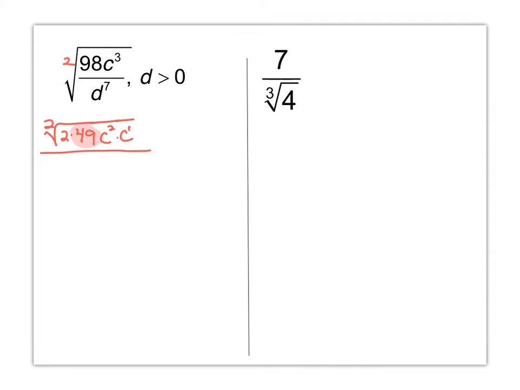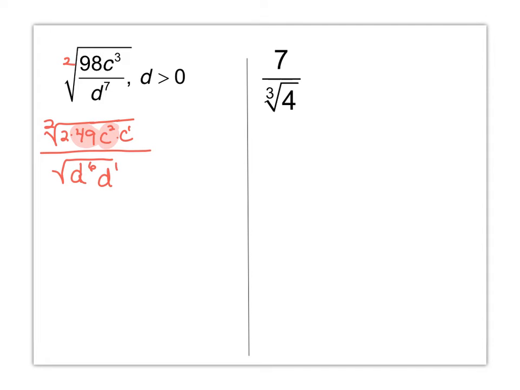This 49 is a perfect square, so that can come out in front of the radical, and c squared is a perfect square. In the denominator, we can write the square root of d to the 7th, which can be written as d to the 6th power times d to the 1st power.